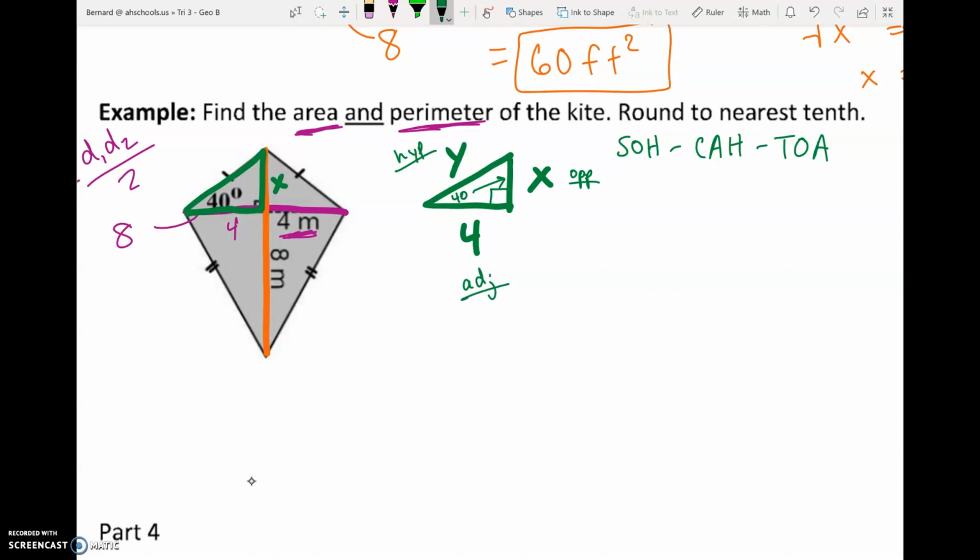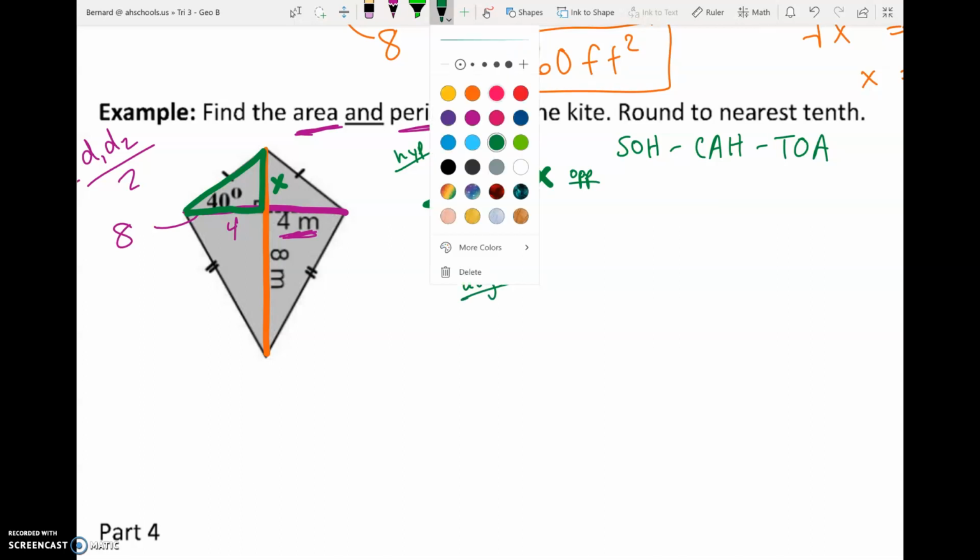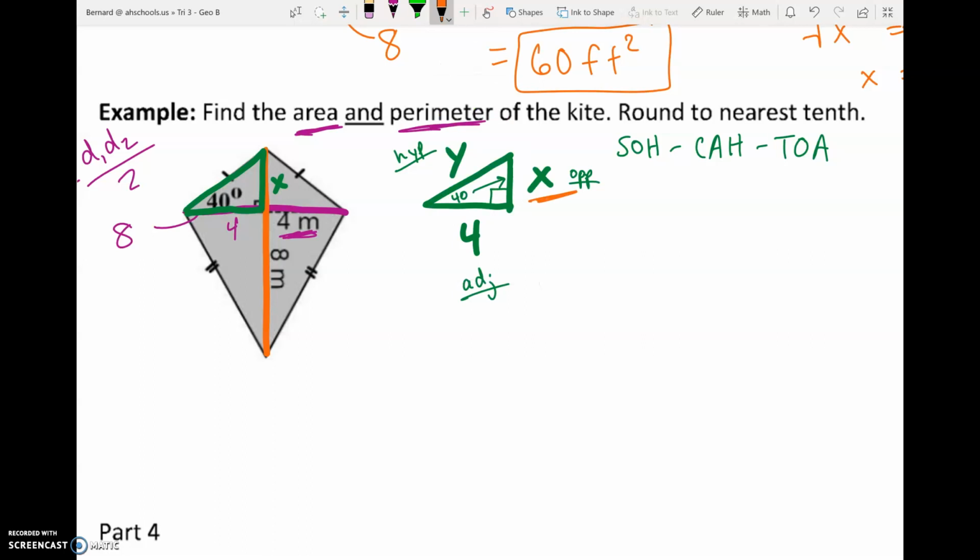And so if we want to solve for X, we need to work with our opposite and our adjacent. And so opposite and adjacent, that would be the OA part in TOA. And so we can solve for X by doing tangent of 40 equals opposite, which is X, divided by adjacent, which is 4. And so we can solve for X by multiplying both sides by 4. The 4's will cancel, leaving X on the right.